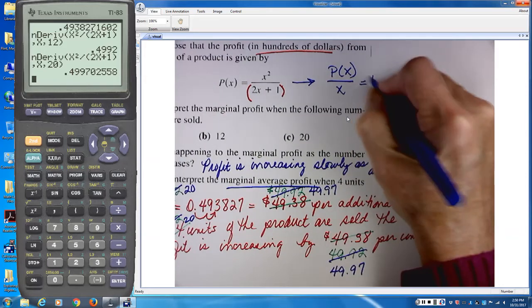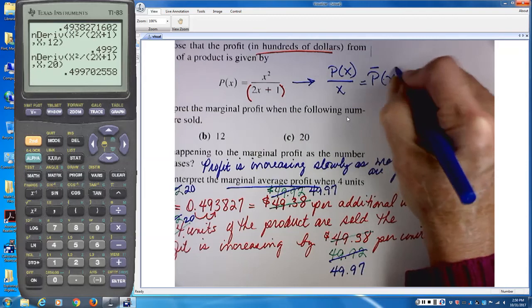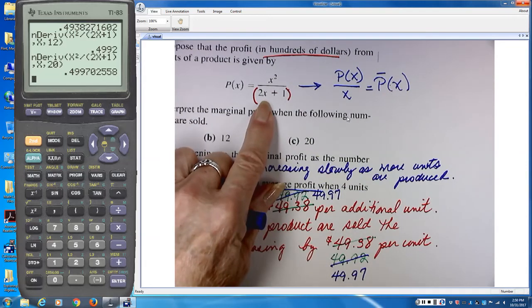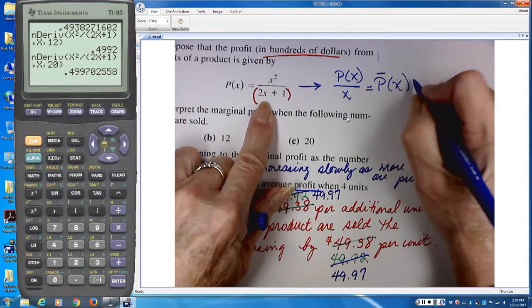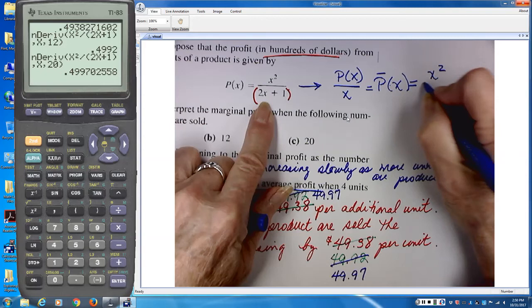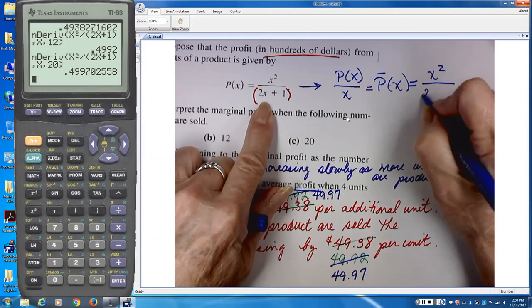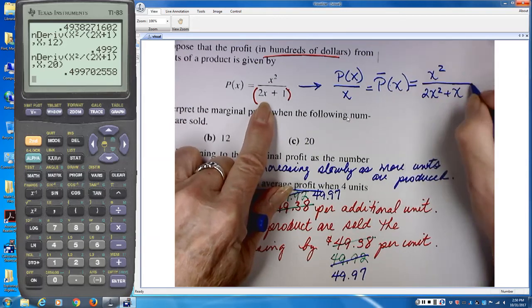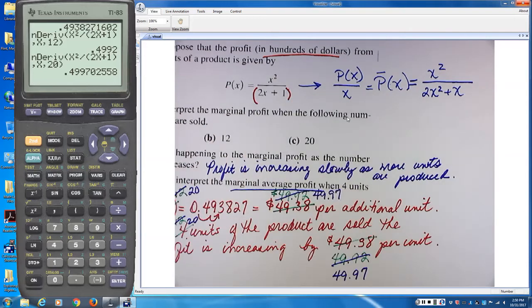So this is P bar of x. And if you divide this function by x, you're going to be multiplying it by 1 over x. So that function is going to be x squared over 2x squared plus x, because x times 2x plus 1 is 2x squared plus x.